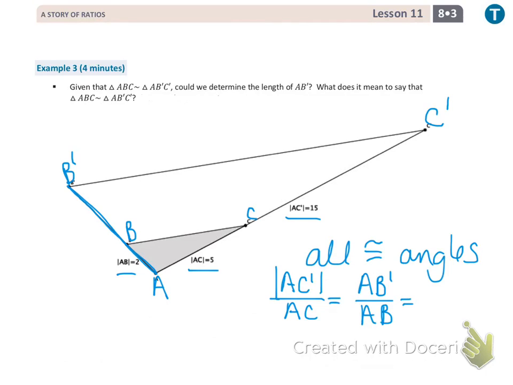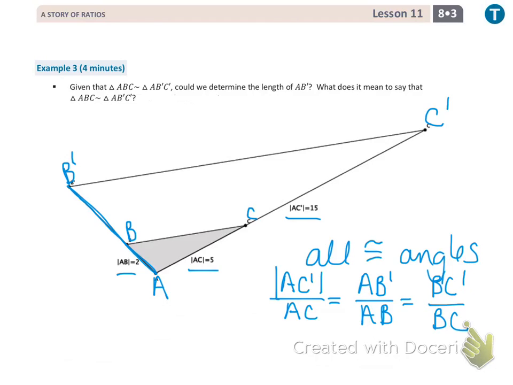And it would mean that BC prime over BC is also equal. So they're all in proportion by some scale factor because these are similar triangles, okay?